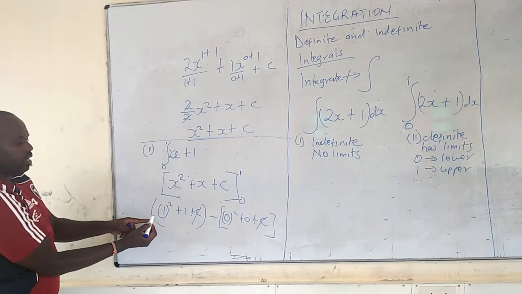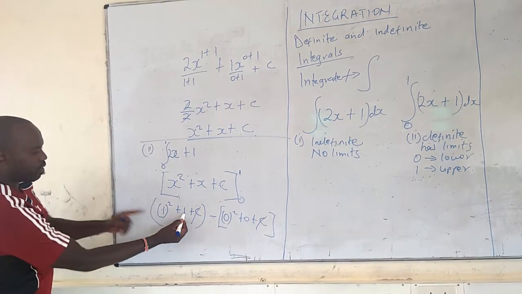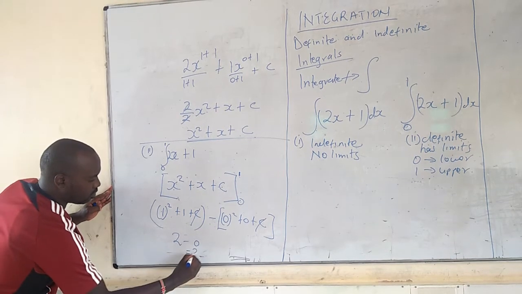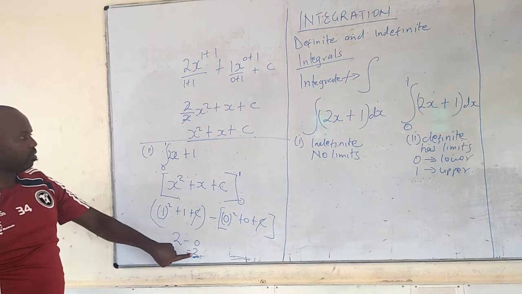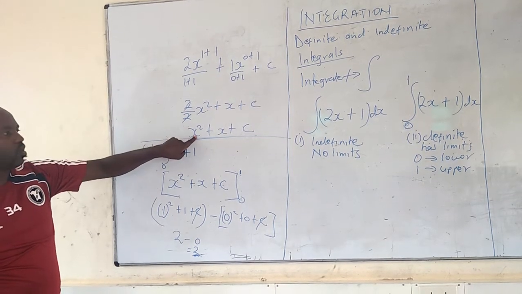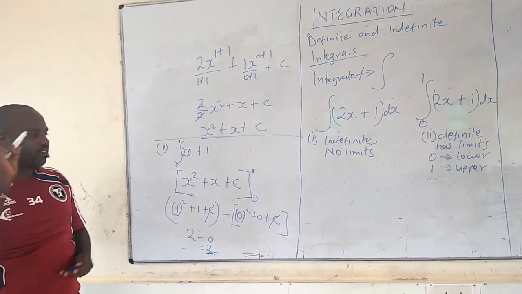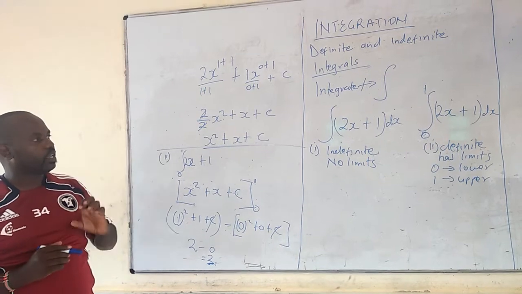That's why it is called a definite integral. 1 squared plus 1 will give you 2, and 2 minus 0 is 2. So in a definite integral, you get a value, but in an indefinite integral, you get an expression with c. That is the difference between definite and indefinite integral.